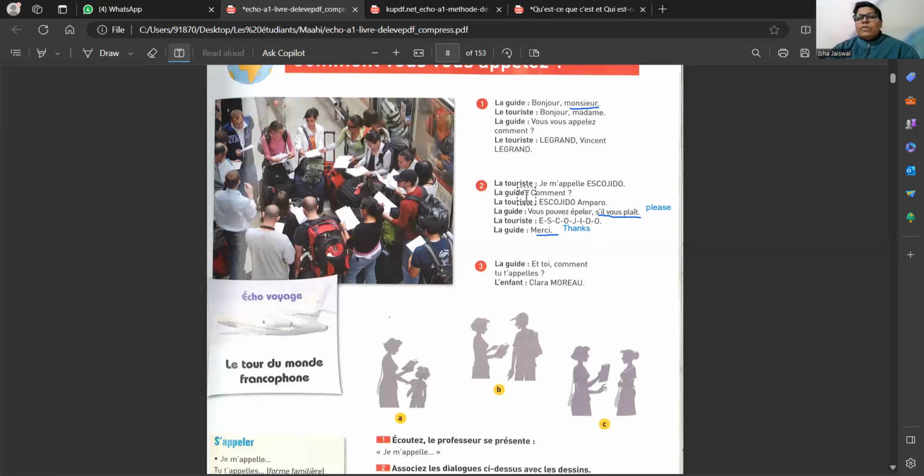Now what you have to do is associate these dialogues with these pictures. So what do you think, which picture is the first one?